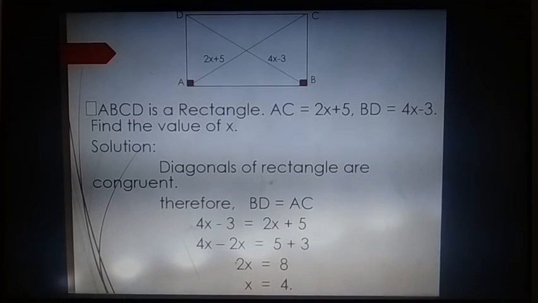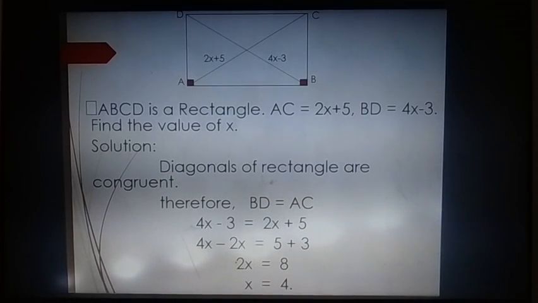Therefore, 2x is equal to 8. Hence, x is equal to 4. By substituting the value of x in 2x plus 5 and 4x minus 3, we can find the length of diagonal AC and BD.